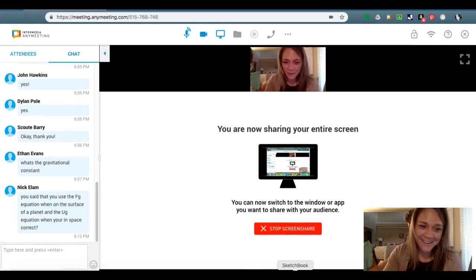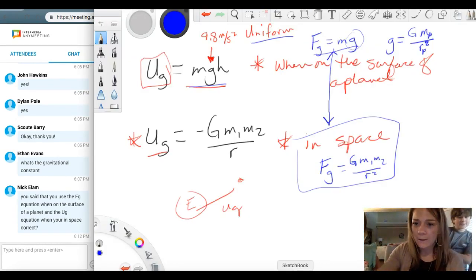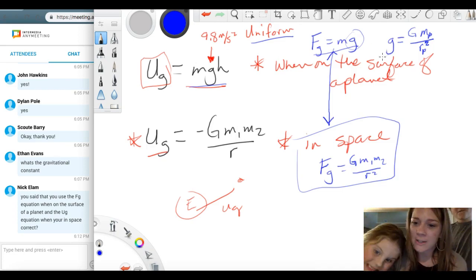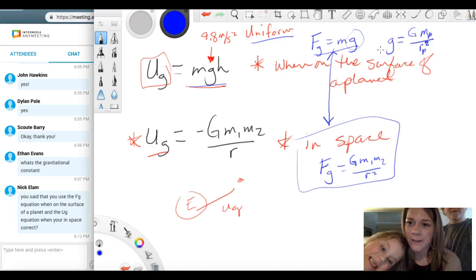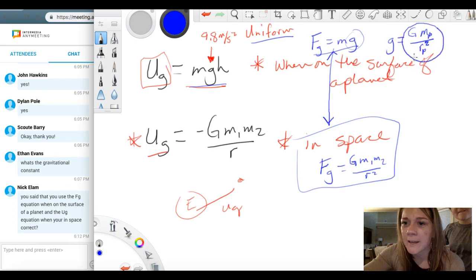Okay, let's go back over to my little drawing. So this little g for the gravitational field strength of any planet is going to be equal to big G, mass of the planet divided by the radius of the planet squared.